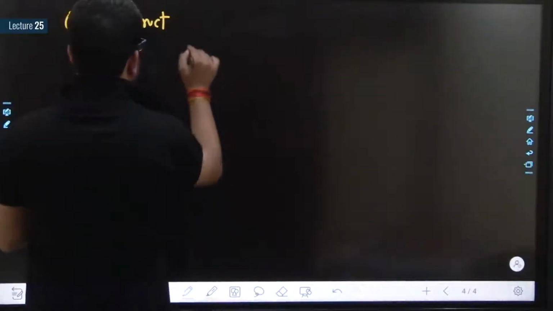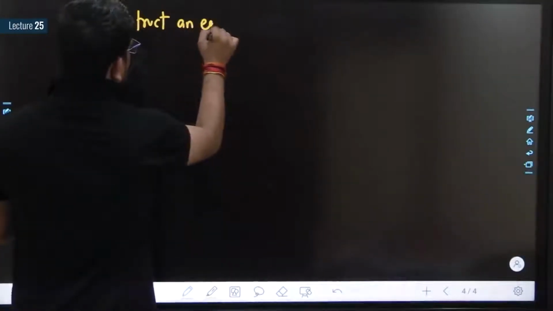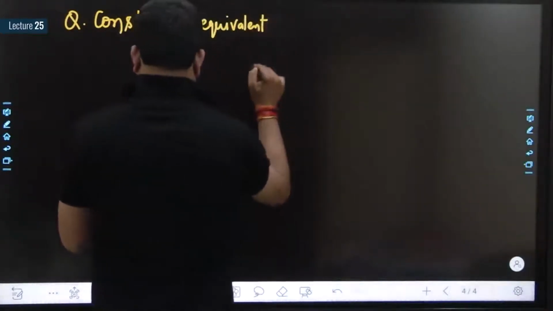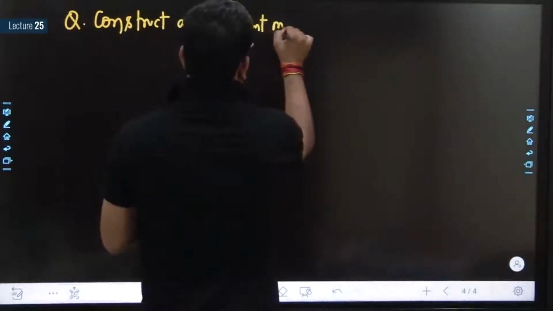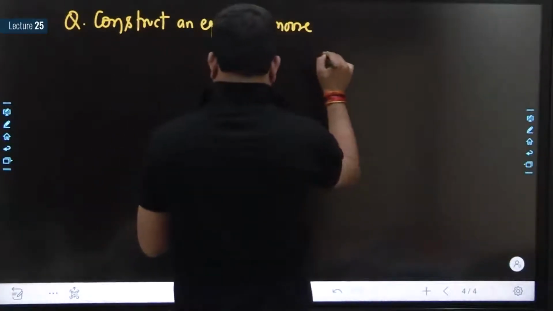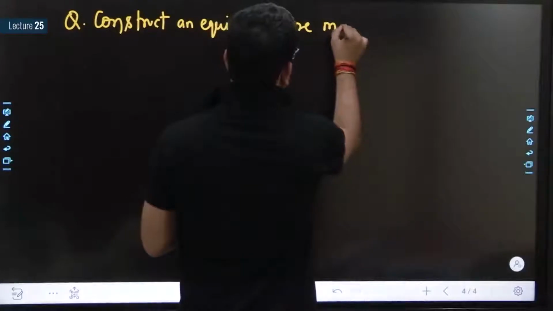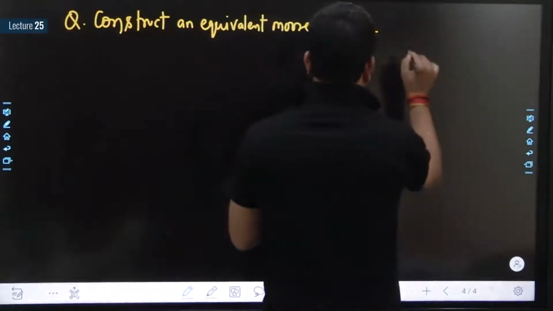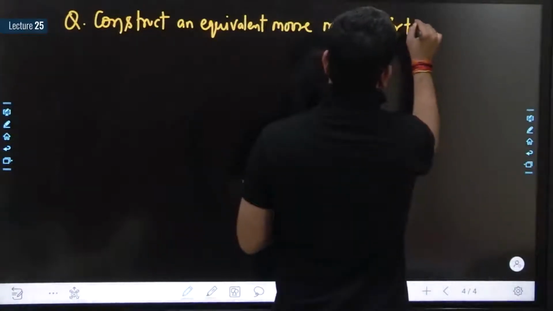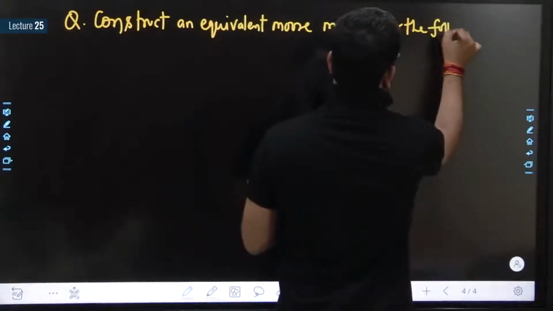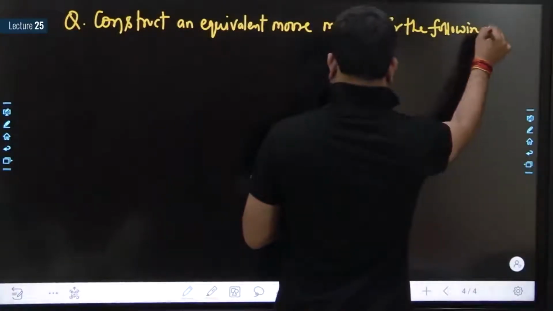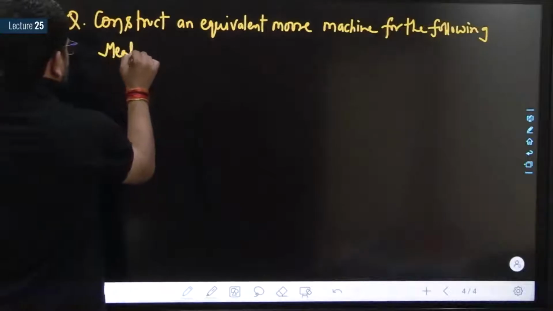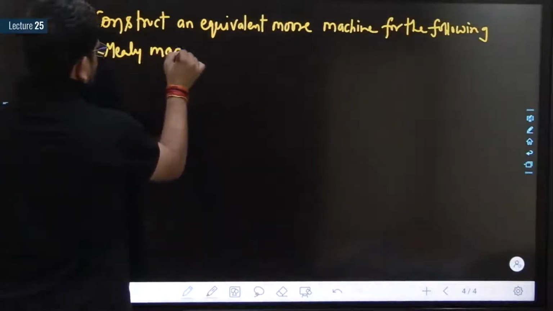Construct an equivalent Moore machine for the following Mealy machine.